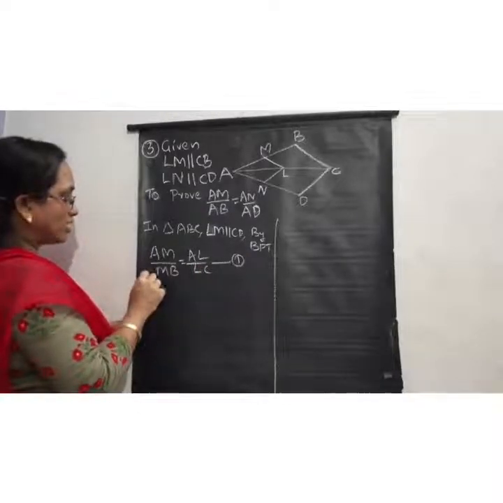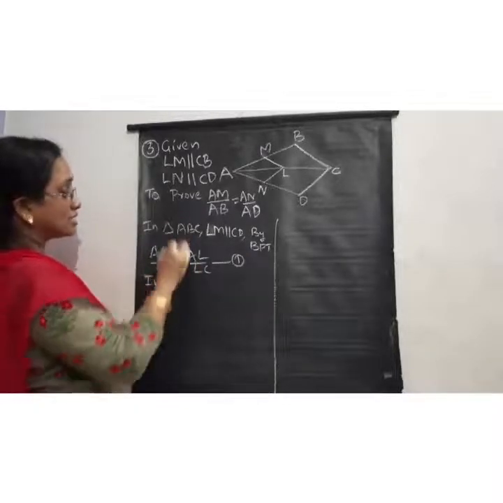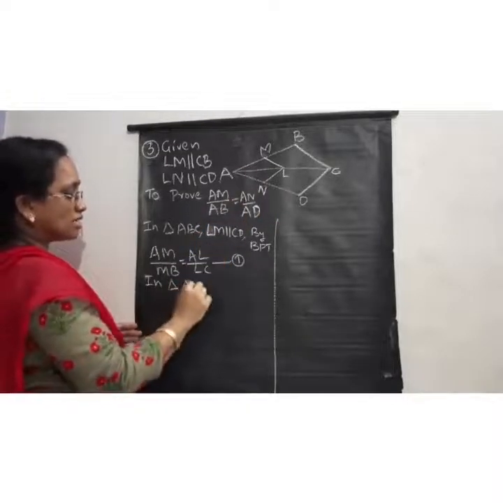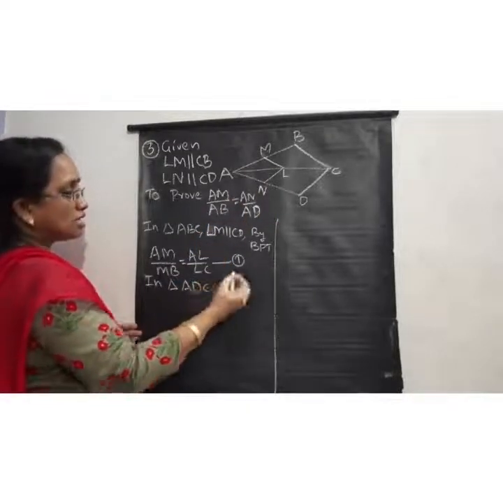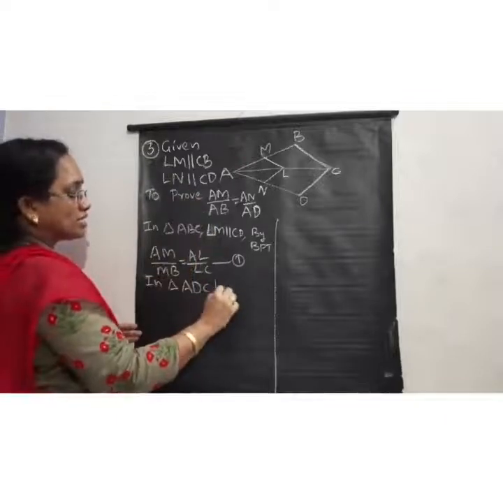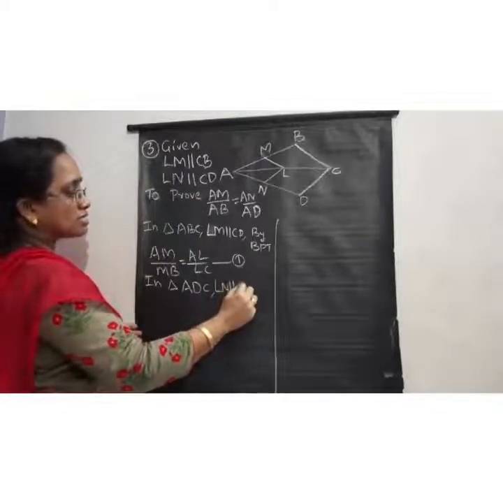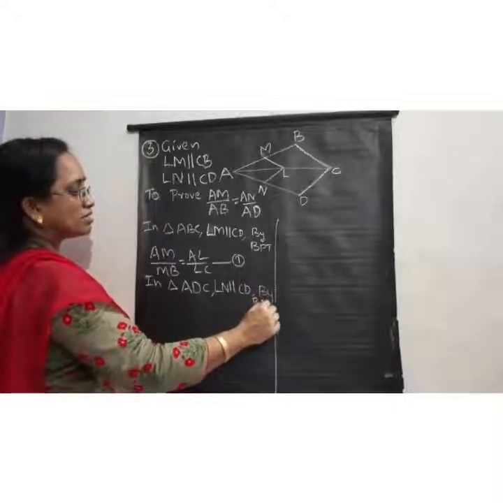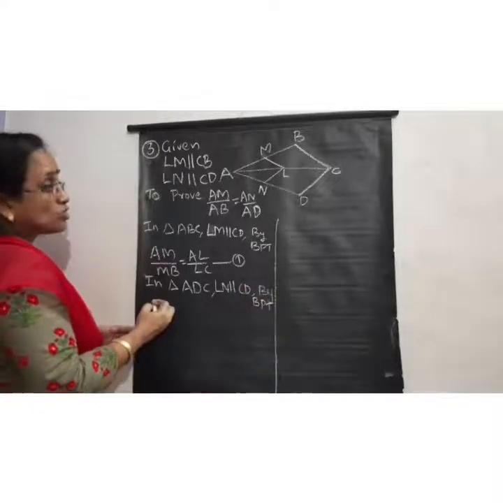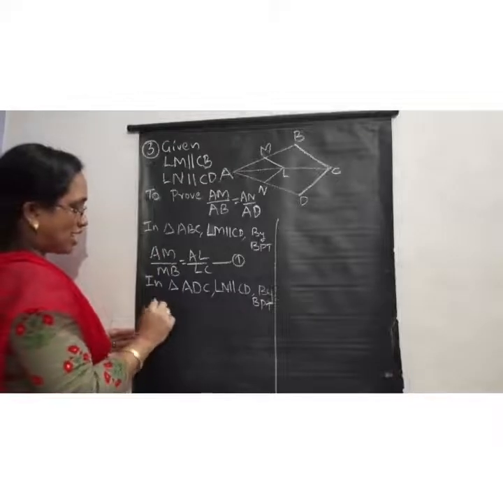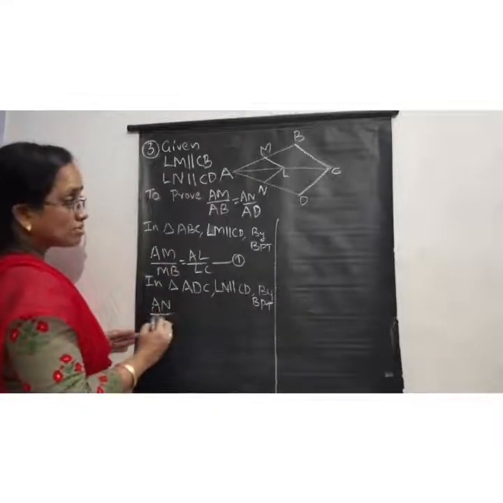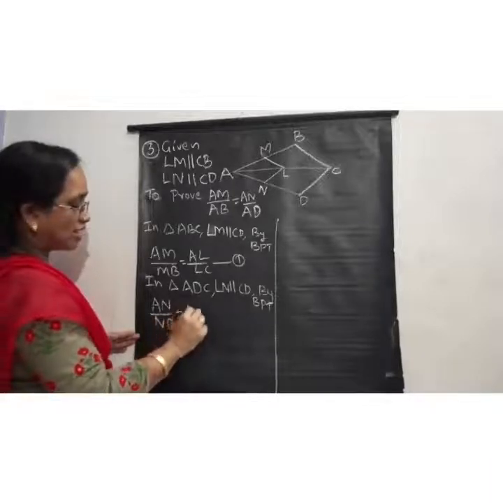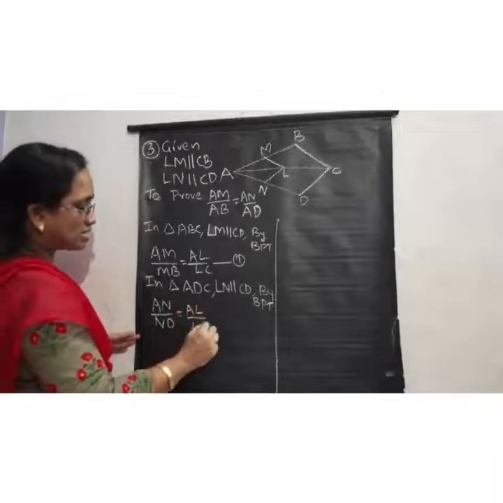Then you can write the second condition in triangle ADC, where the given condition is LN parallel to CD. So by BPT, AN by ND equal to AL by LC.